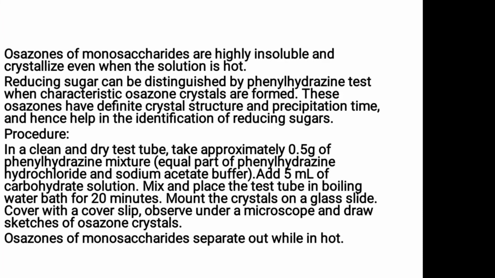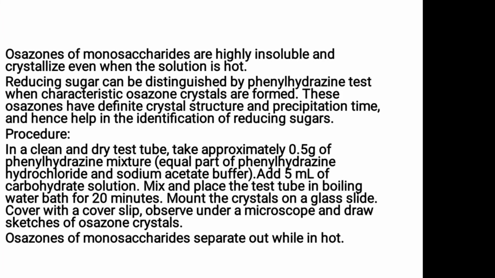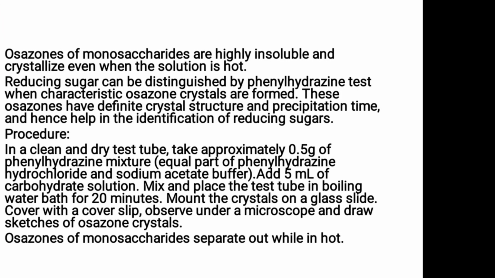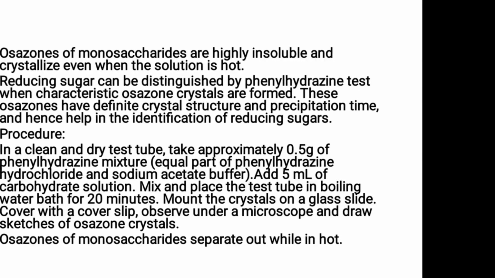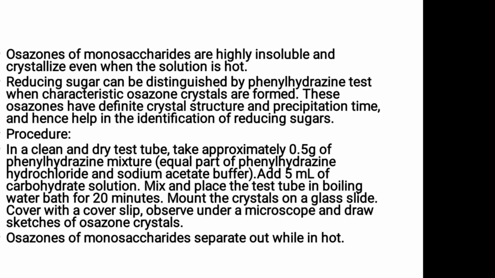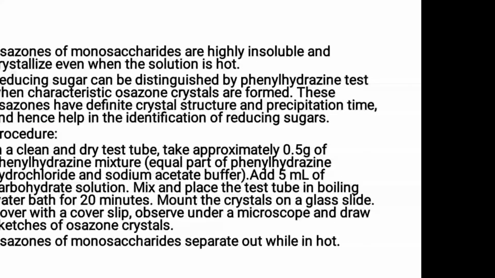To that we add 5 ml of sugar solution. Mix and place in a boiling water bath for 20 minutes, cool, and mount the crystals under the low power microscope. Put a drop on the slide and observe under the microscope.